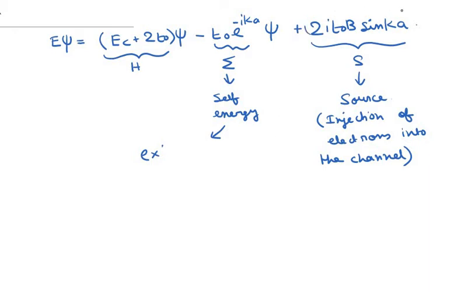So this term represents the fact that the contact wave function can enter into the channel, and this term represents the fact that the channel wave function could leak into the contact, and that is why this term is proportional to the channel wave function psi, because it is the channel wave function which has the probability to leak into the contact.